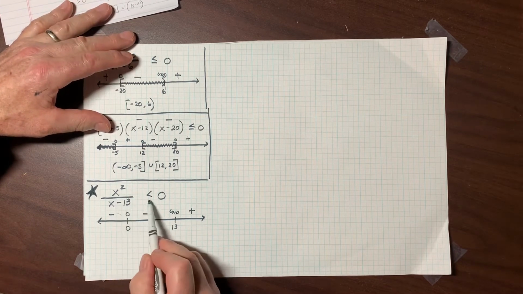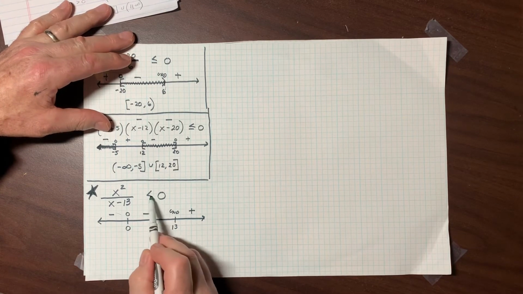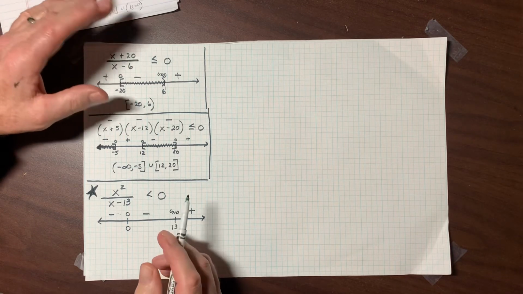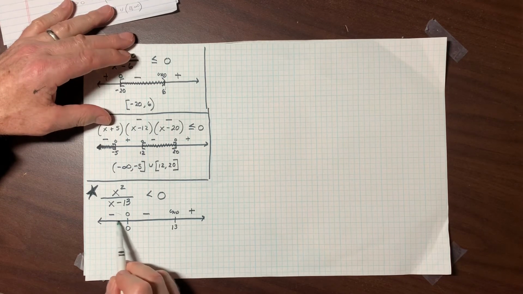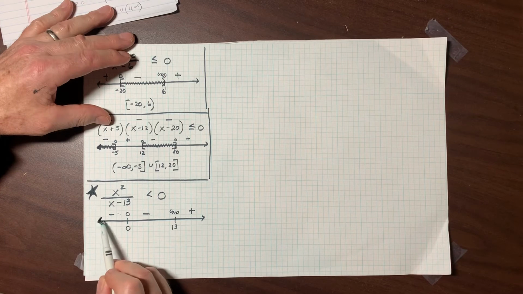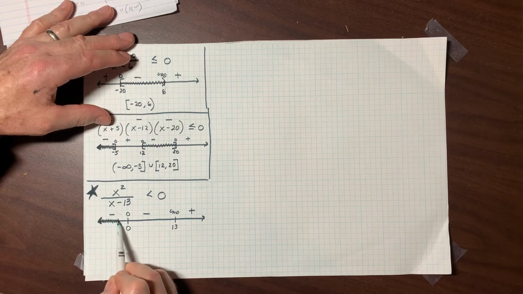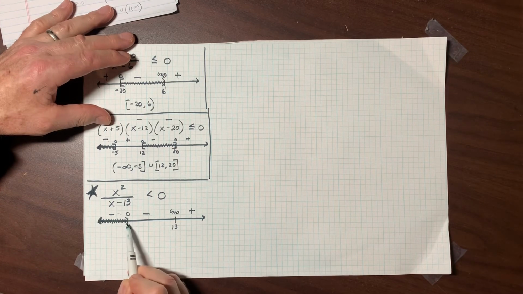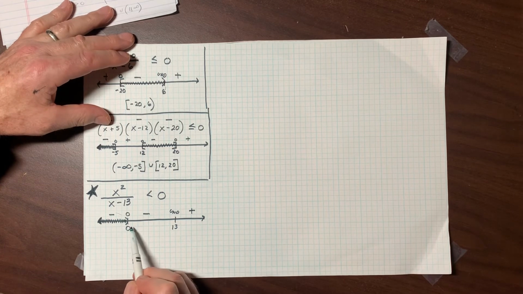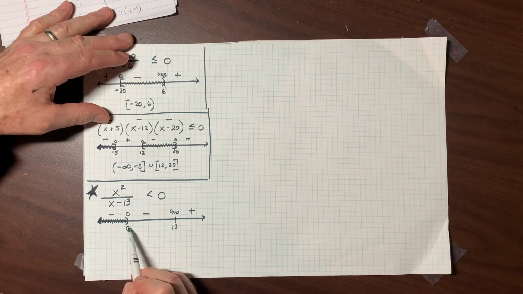Okay, so let's answer the question now. When is this thing negative? That's the question. When is it negative? Be careful. It's negative over here, from negative infinity to 0. But at 0, when x is 0, it's not negative. It's equal to 0.